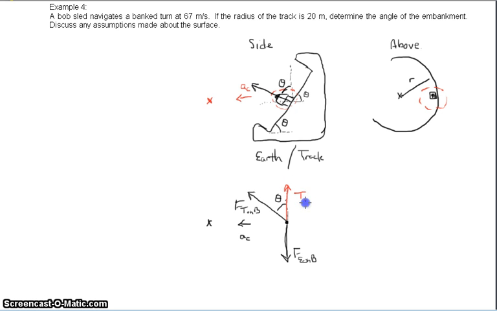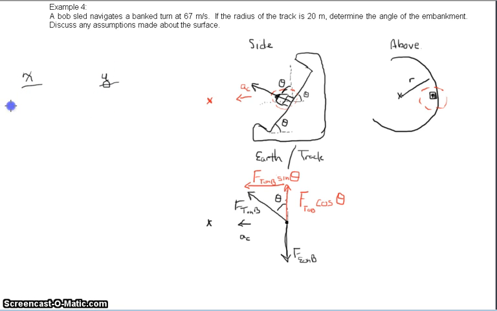This would be the force of the track times cosine of our unknown angle, and pushing across would be the force of the track on the bobsled times sine of our unknown angle. Okay, acceleration is pointing towards the center. Now we can set up Newton's second law in the x direction and in the y direction.